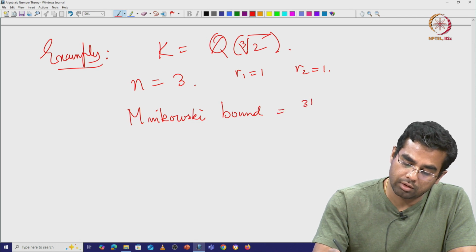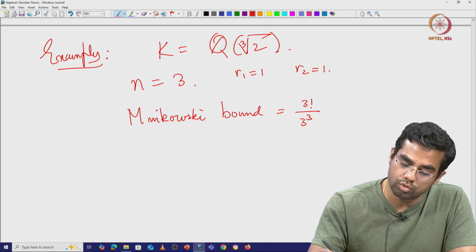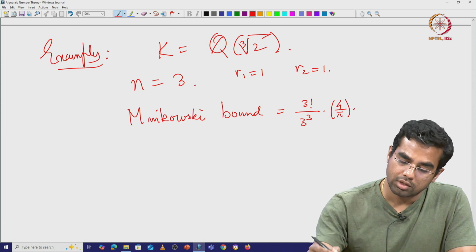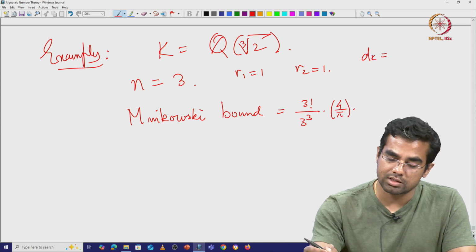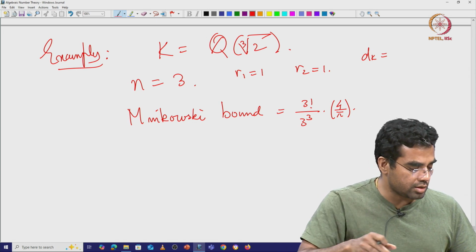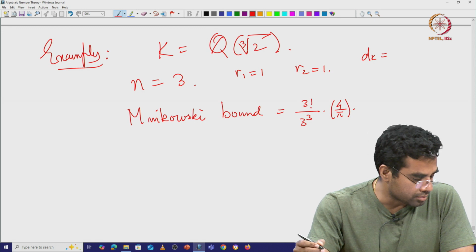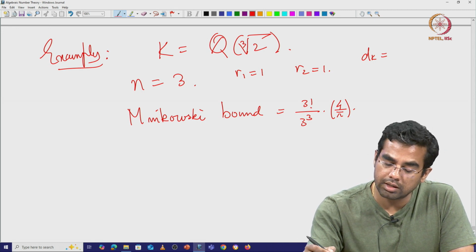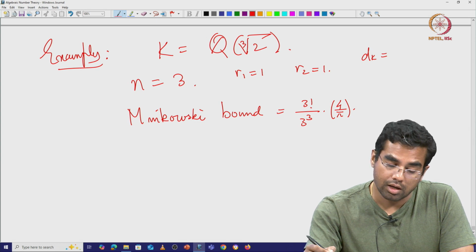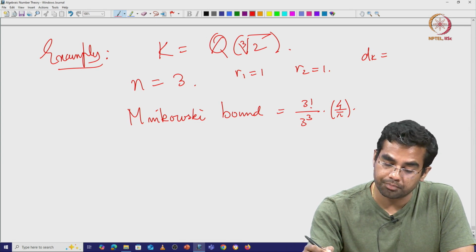3 factorial by 3 cubed times 4 by pi into square root of the discriminant. So, what is the discriminant of this? I think we did compute discriminants for pure cubic fields, and this turns out to be 27 times 2 squared.